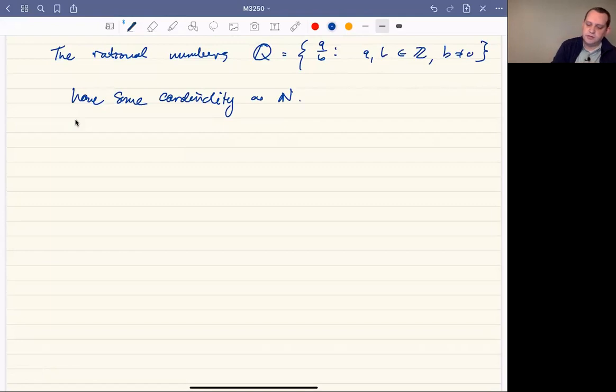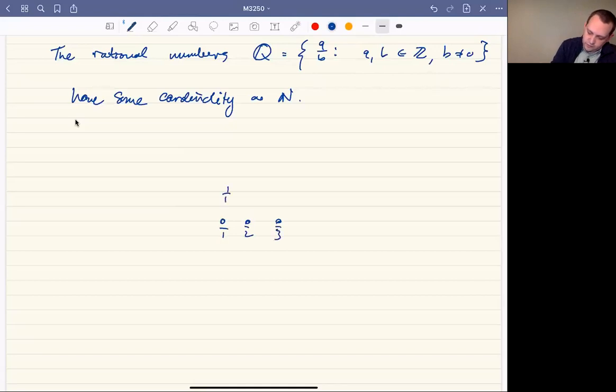And so what I'm going to do is make an infinite array. Here's how I want to do this. I'm going to start with 0. You can kind of think of this like a 2D grid. Along the top it's going to be 0 over 1, 0 over 2, 0 over 3, and so on.